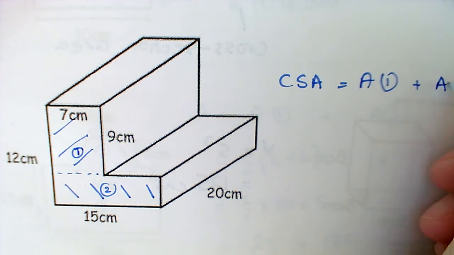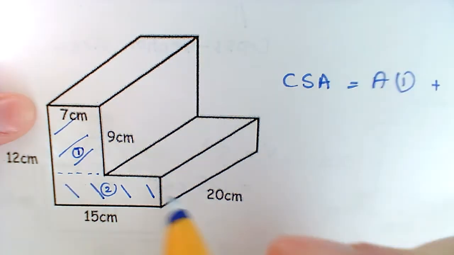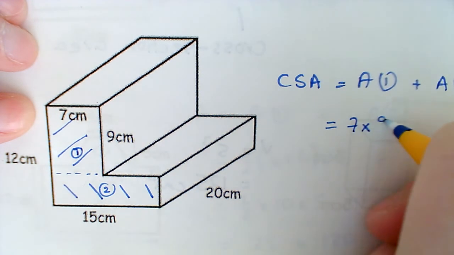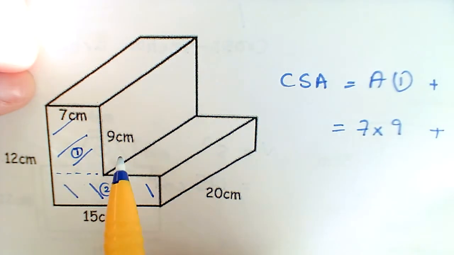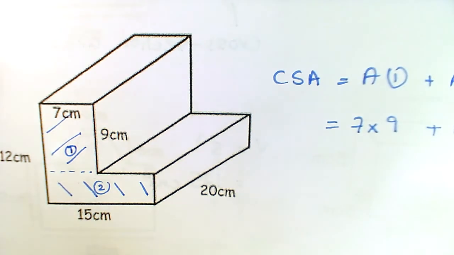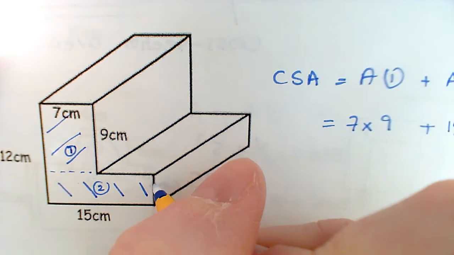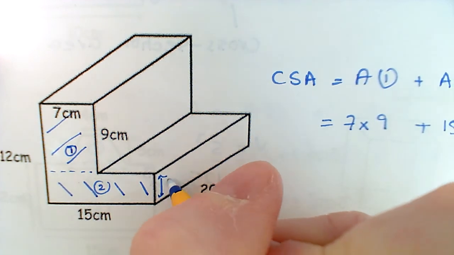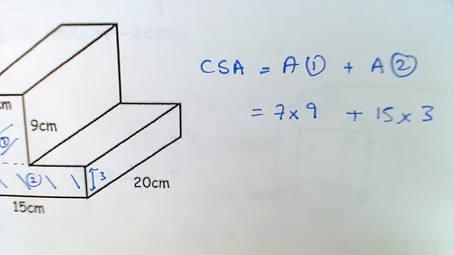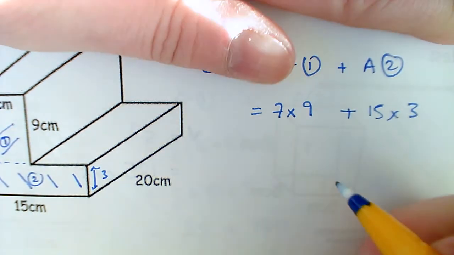So area 1 plus area 2. So our first area is going to be 7 times 9. And our second area is going to be 15 times, well, if we look at this side is 12, this side is 9. So this is going to be 3 in there. So we get 15 by 3.